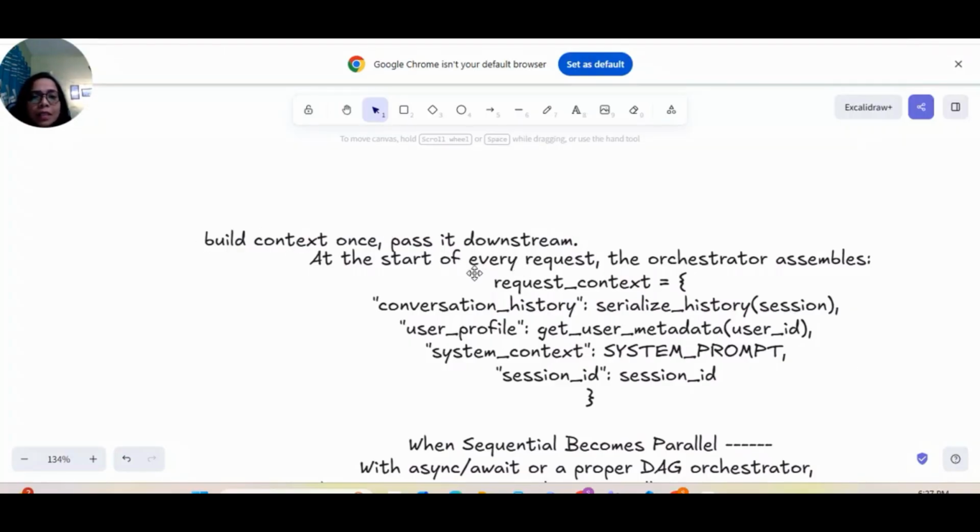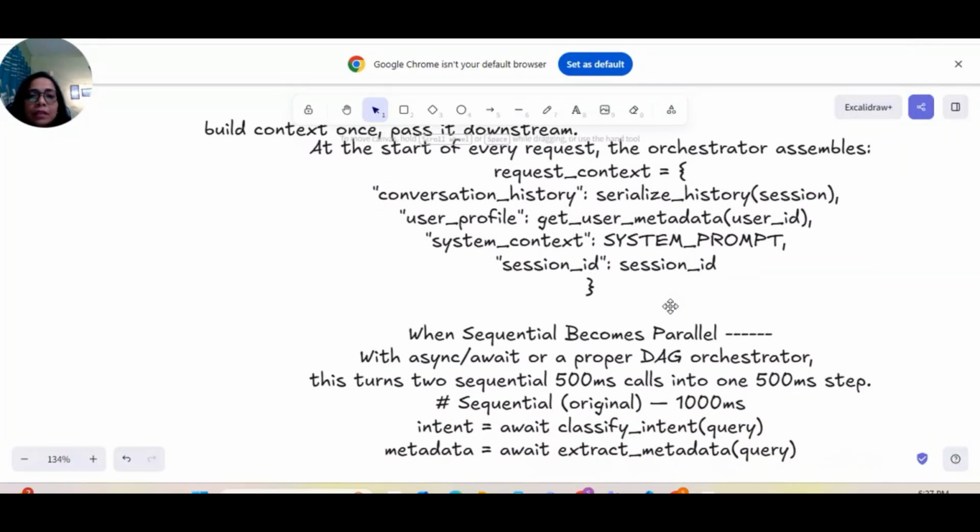At the start of every request, the orchestrator assembles the request context, at the orchestrator or supervisor level, that is your agent tags.